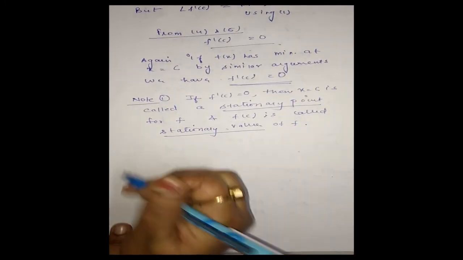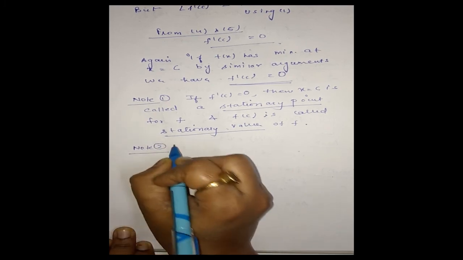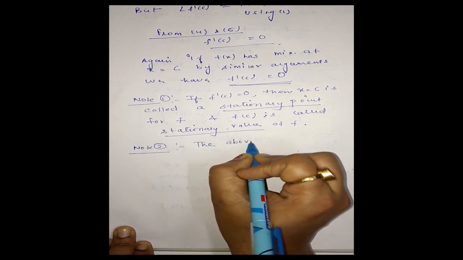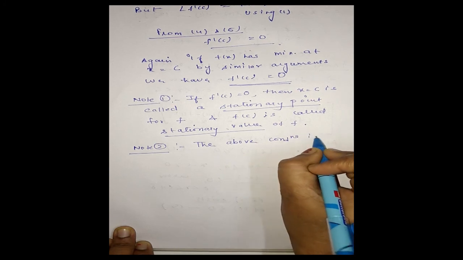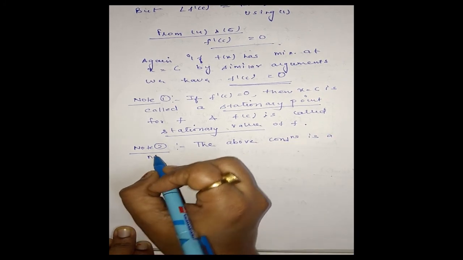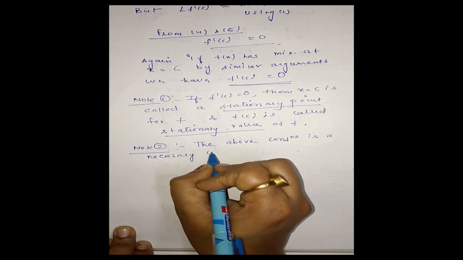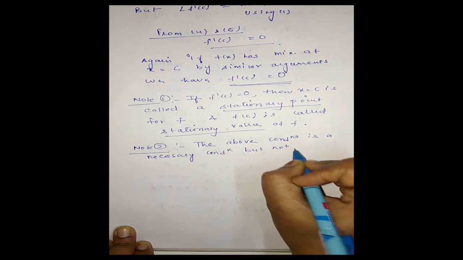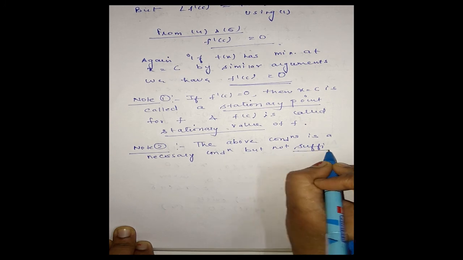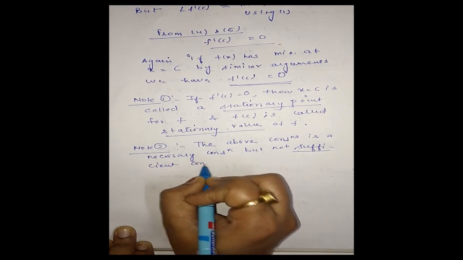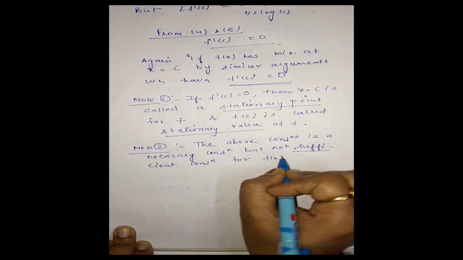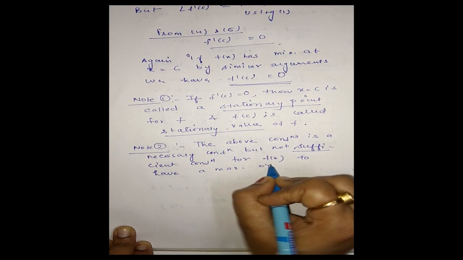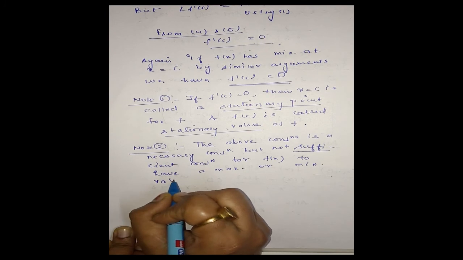Then second, from this we have the above condition is a necessary condition but not a sufficient condition for f(x) to have a maximum or a minimum value at x is equal to c.